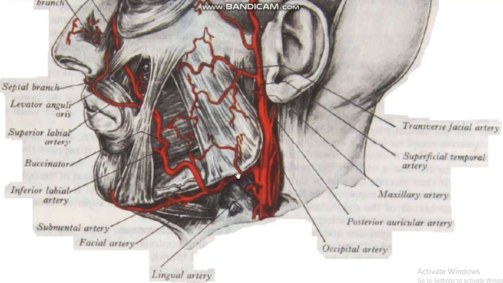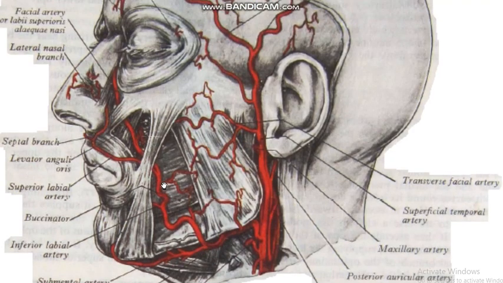And the facial artery has a part in the neck, which is the cervical branch, and it has a part in the face, which is the facial branch. So the cervical part, we will look at the cervical part first. You can see that this cervical part extends from its origin to the anterior border of the masseter, and then the facial part undergoes a tortuous course across the face, close to the lateral angle of the mouth and close to the medial angle of the eye, and it ends somewhere here at the medial angle of the eye.